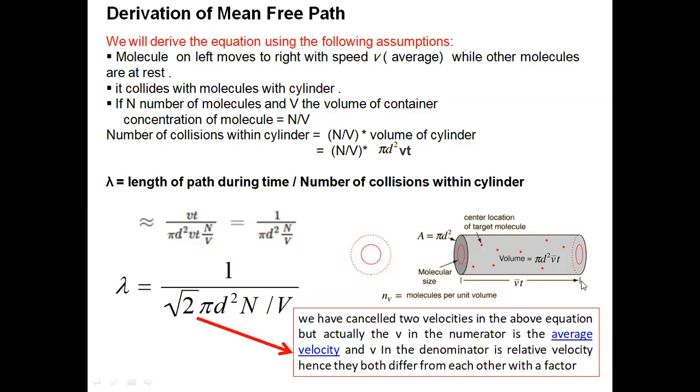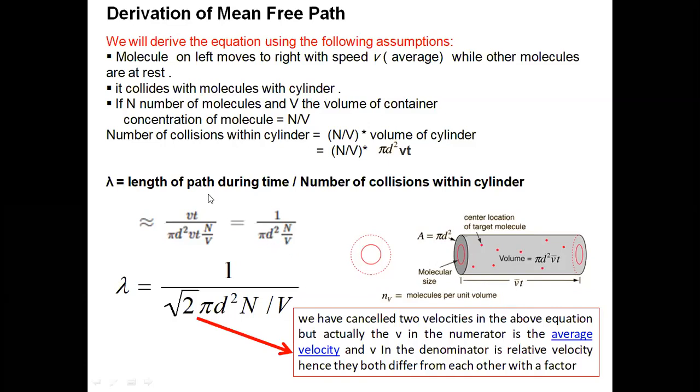Okay, v average multiplied by the time is the distance during the collision of these molecules.